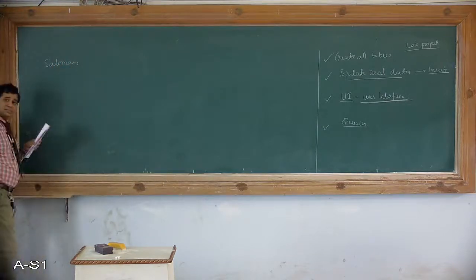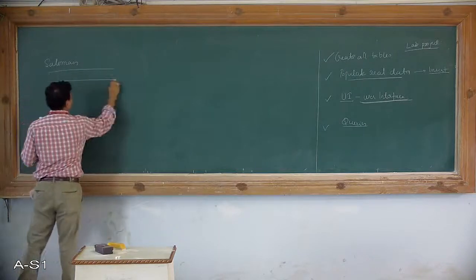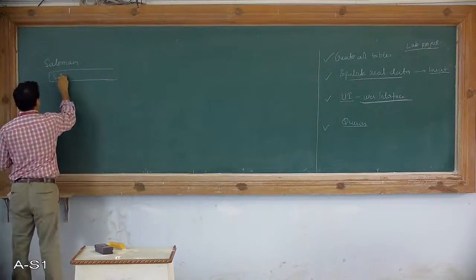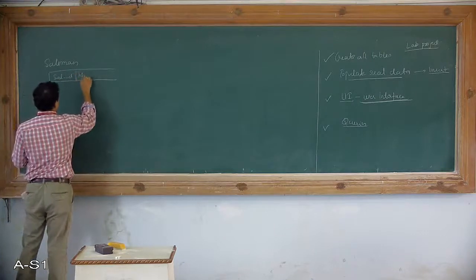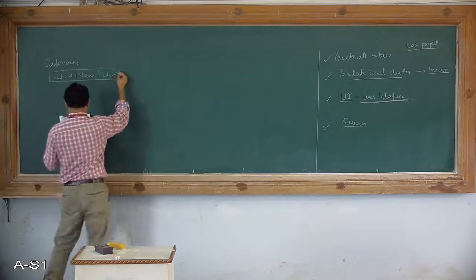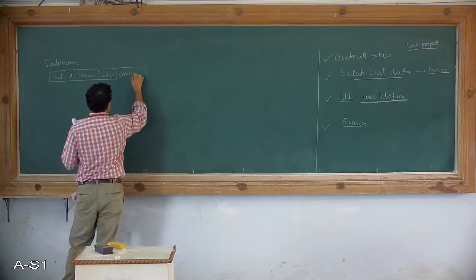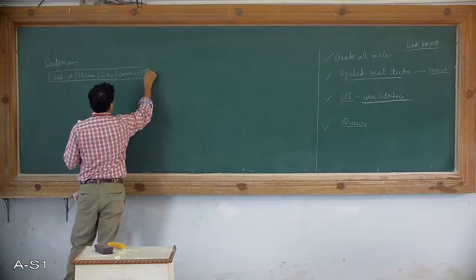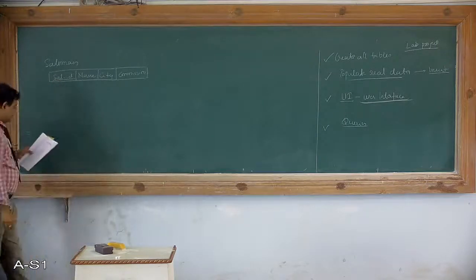Here the schema diagram is: salesman ID, then the name of the salesman, then the city, and then his commission. Salesman ID is the primary key for this.